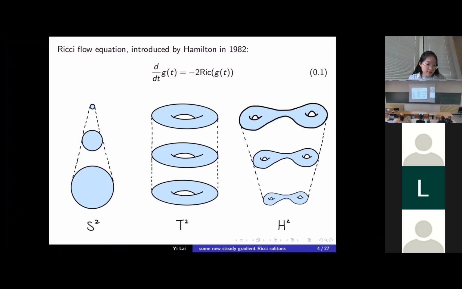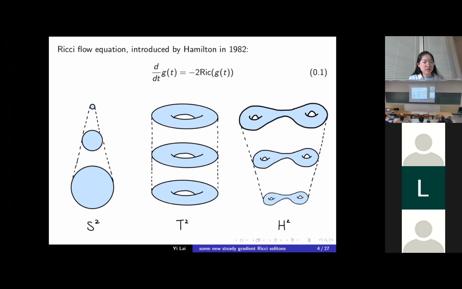It is a singularity model of itself. Then you can run a Ricci flow on a flat torus. The right-hand side is 0, so the metric does not change over time, and this will be a static Ricci flow. On a hyperbolic surface, you can also run a Ricci flow, but this time you get a positive constant on the right-hand side.